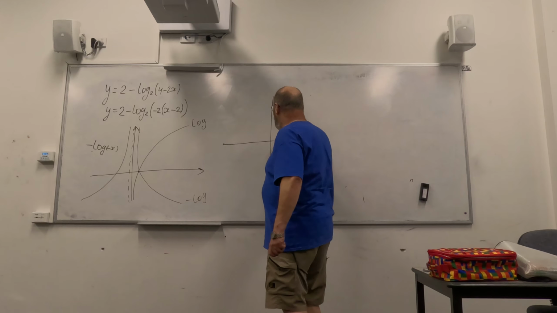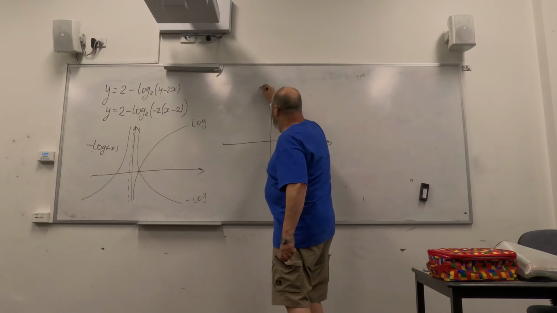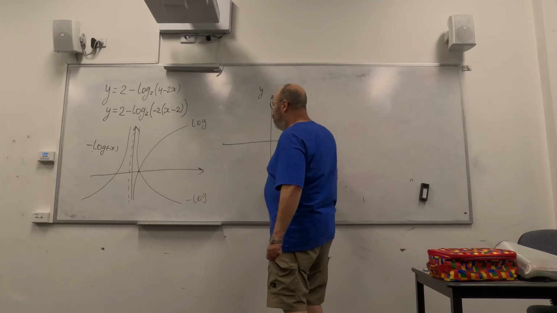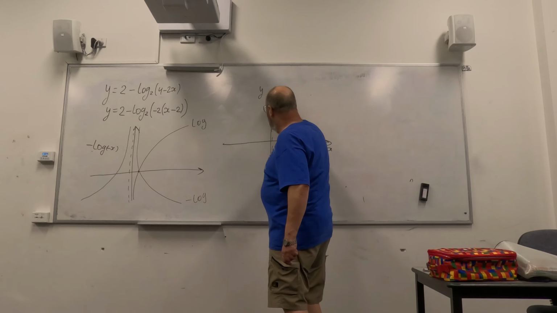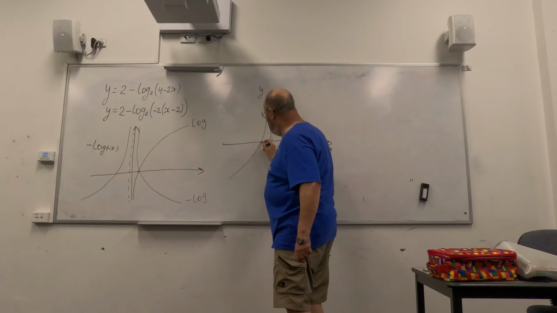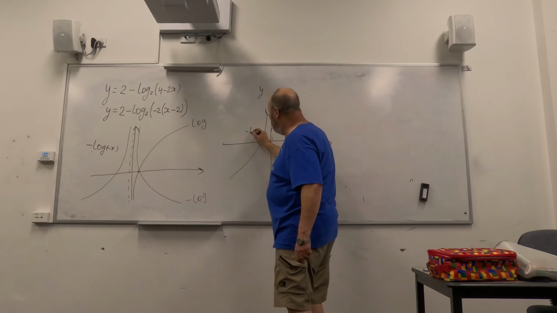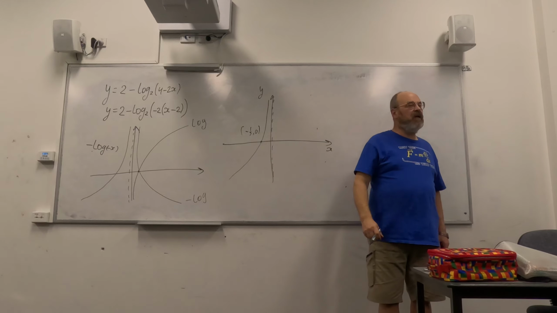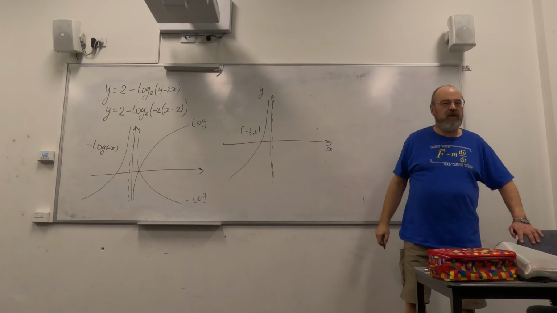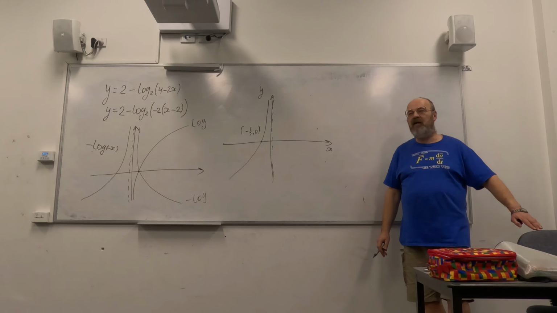So after dilation, we have this graph. This is negative 1/2, 0. So we accounted for two reflections and dilation. Any questions? Make sense so far?